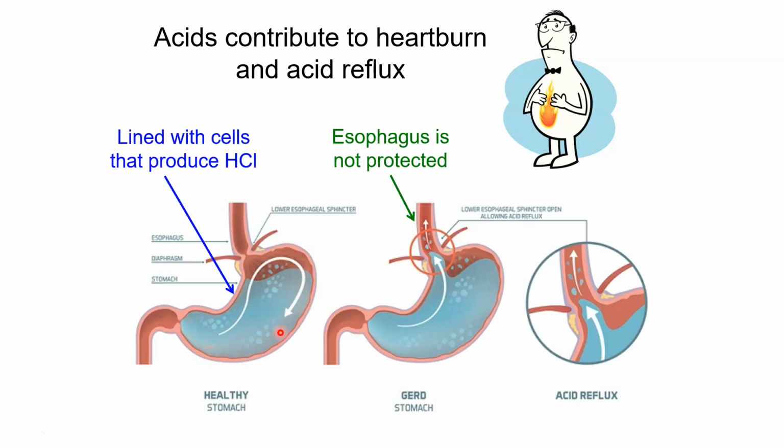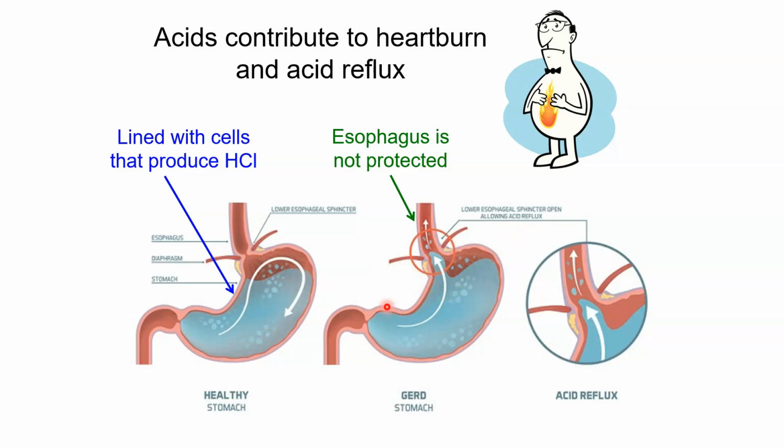Your stomach is lined with cells that produce HCl. The HCl helps to kill bacteria and also functions to create a good environment for digesting food. You have your diaphragm, which is that muscle that controls the opening between your esophagus and your stomach. And your esophagus does not have those specialized cells.